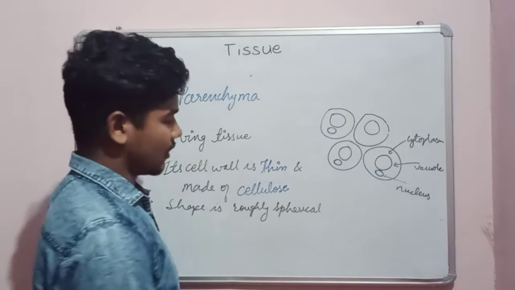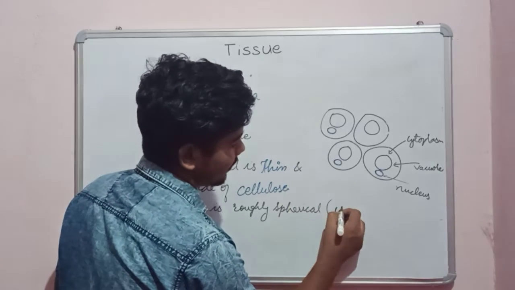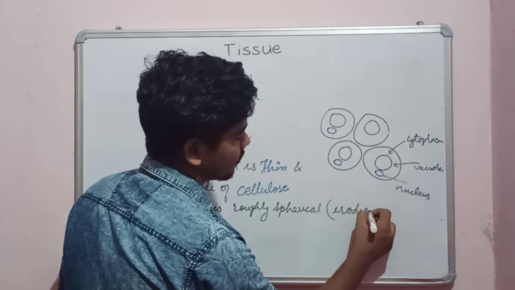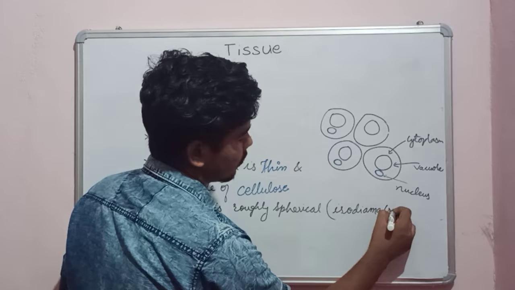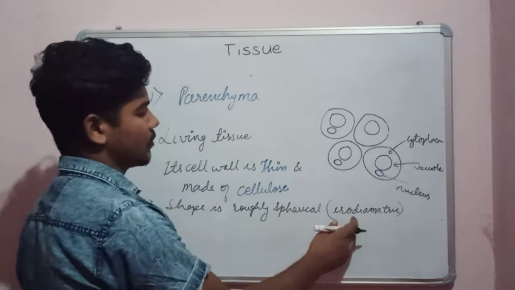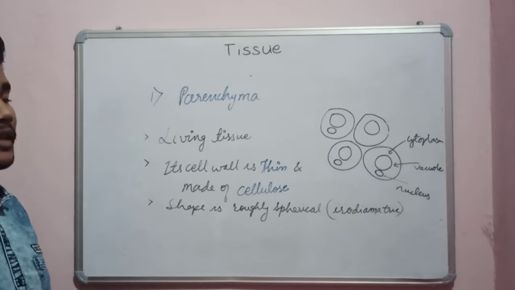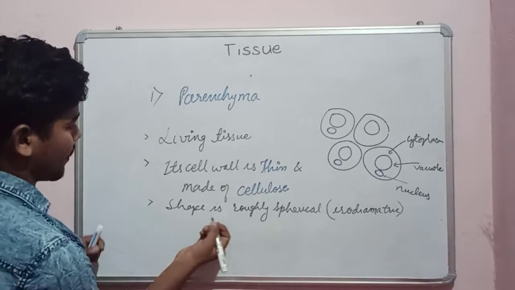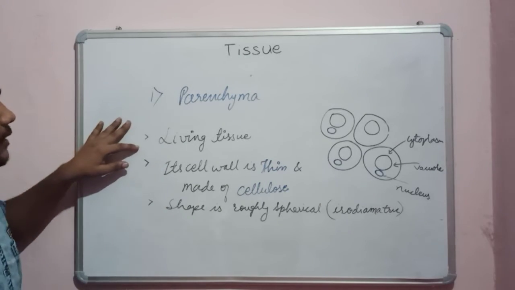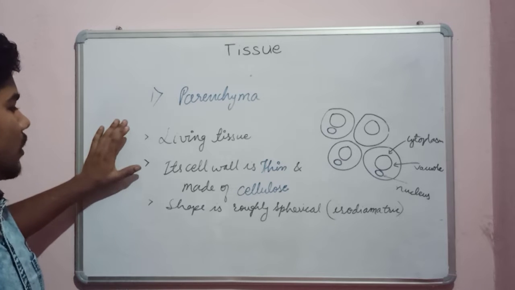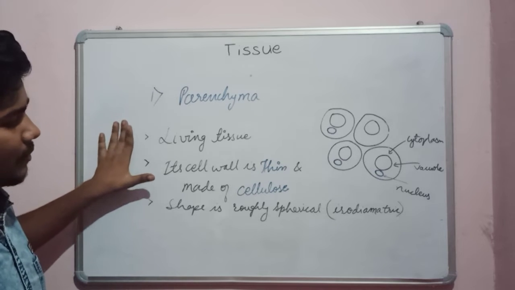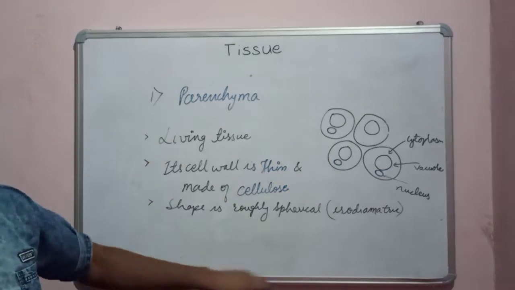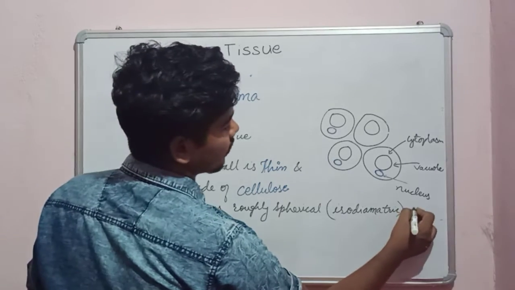In some books there might be written isodiametric, so don't confuse. Its meaning is the same as roughly spherical. So it is a living tissue first of all, and cell wall is thin and made up of cellulose, and shape is roughly spherical, or you can write it's oval.